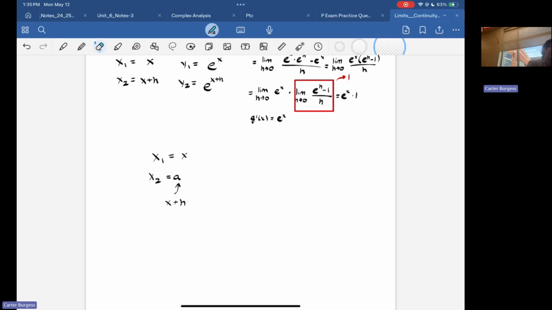And here, you'll note that we're not going to be having h approach 0. Here, we would say that it's the limit as x approaches a of f of x minus f of a divided by x minus a. So there are some weird ways to say the exact same thing, basically.